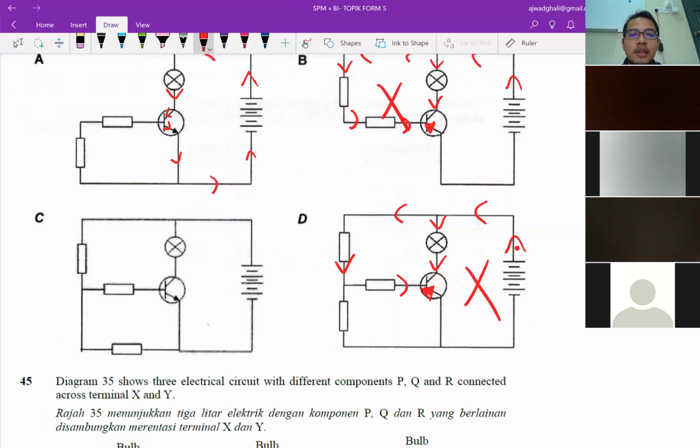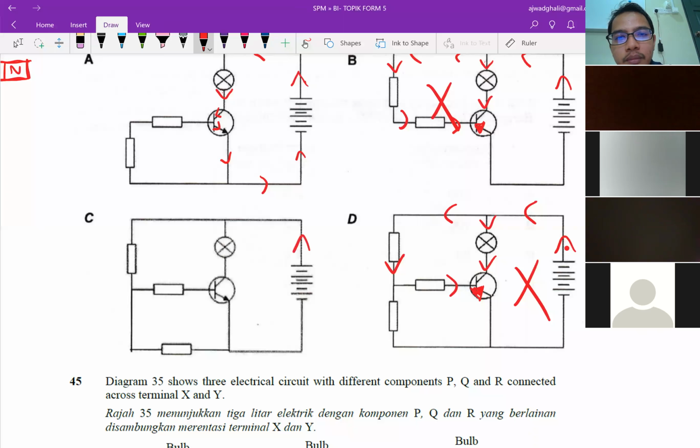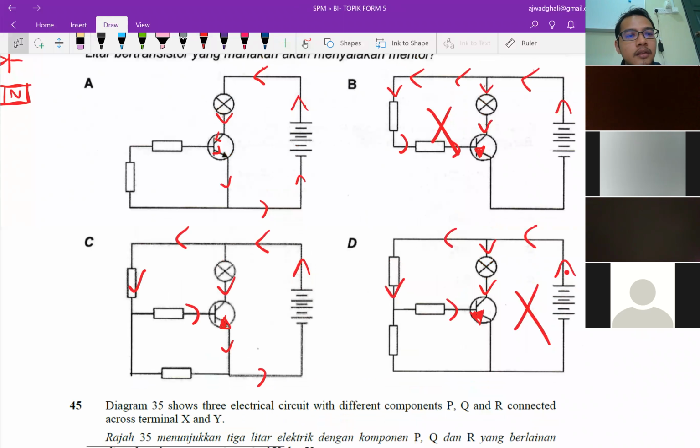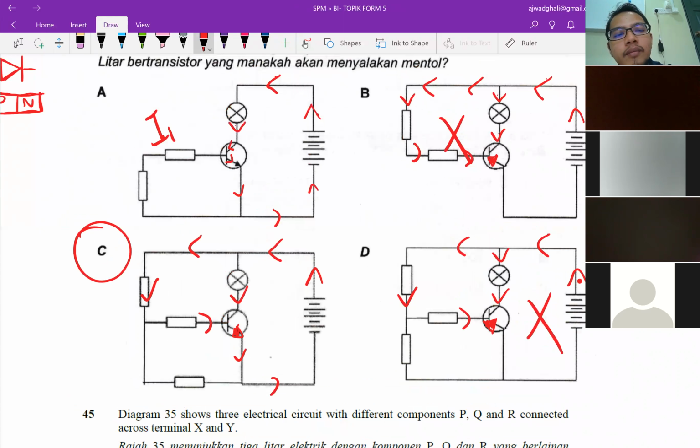Okay, C, current flows top, here, here, so current flows along the arrow. It looks like C and A are correct, but the answer is C. Why? Because A does not have a base current. No current flows to the base. So A is wrong. The answer is C.